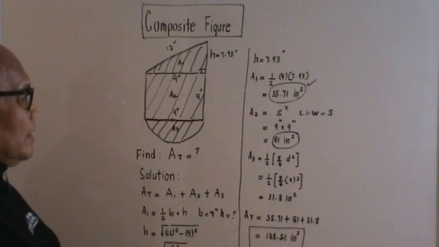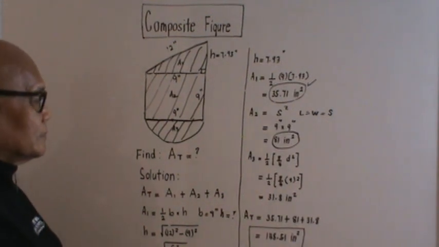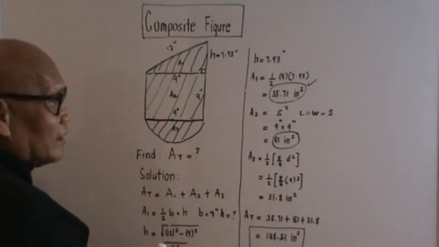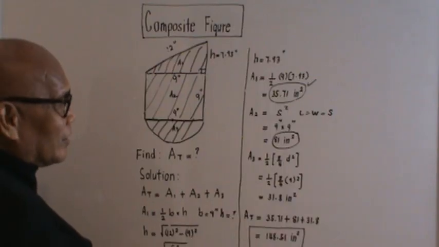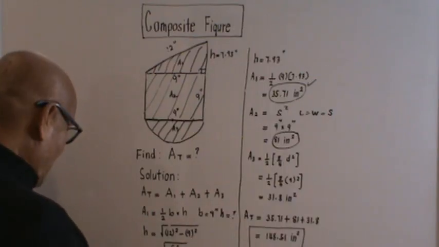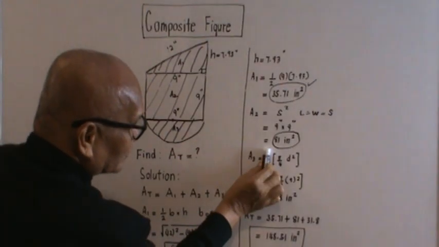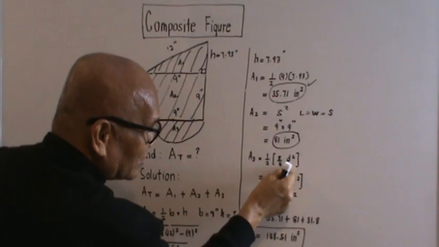Okay. How about area number 3? Area number 3 will be a semicircle. For a circle, the area is pi over 4 times the square of the diameter. That is for the whole circle.